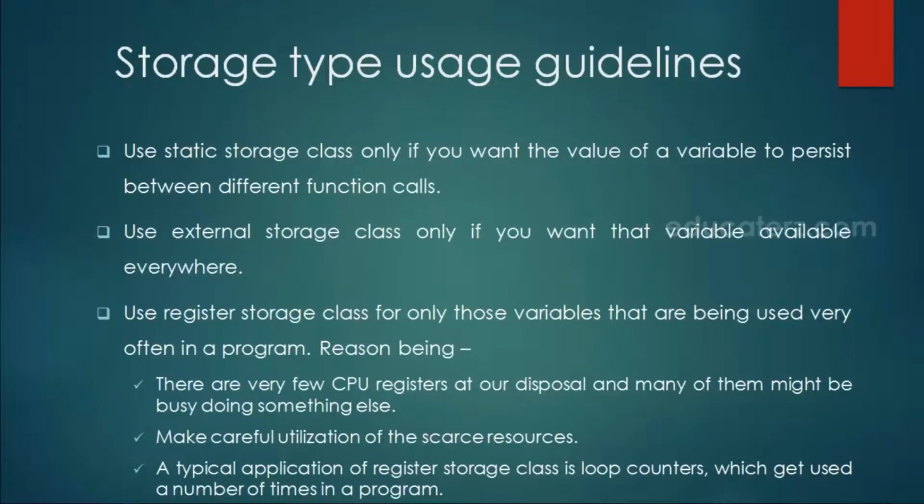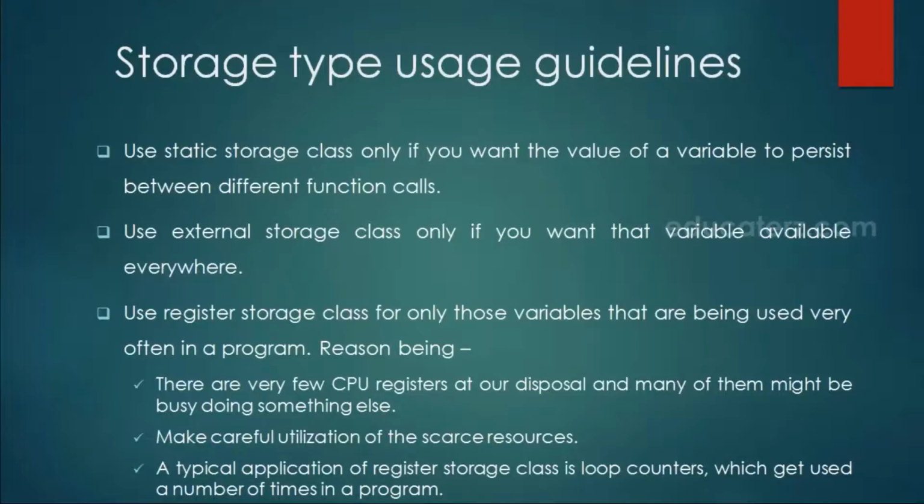As CPU registers are limited, we should make careful utilization of the scarce resource. For example, we can use register type for a loop counter, because we frequently want to access that value. This way we can decide when to go for which storage type.